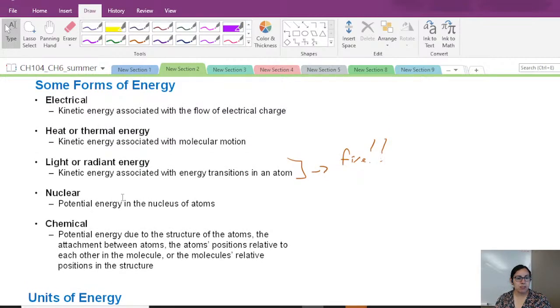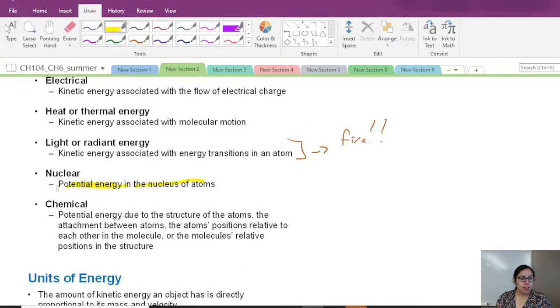This would be potential energy that's stored up, and those nuclear reactions are very energy dense, so this would be a great form of energy. And then chemical energy, we're looking at your potential energy due to the structure of atoms and how all that relates.